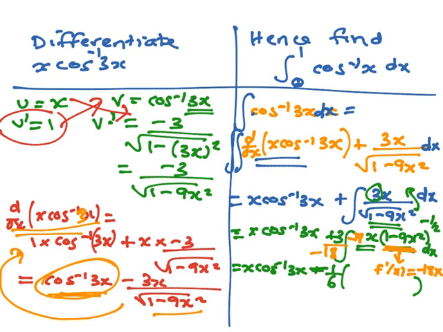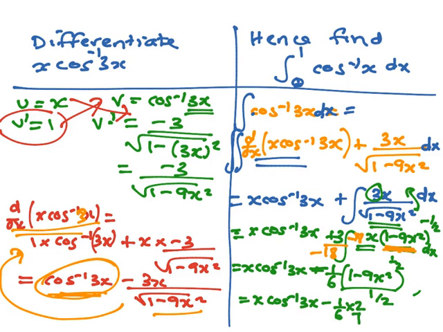And now, in order to integrate this part here, you have to add 1 to the index and divide by it. So you've got 1 minus 9x squared, add 1 to minus a half, and you get a half, divide by a half. So it's x cos⁻¹(3x) minus 1 on 6 times 2 on 1, and that'll be the square root of 1 minus 9x squared. And don't forget plus c. Don't forget c.